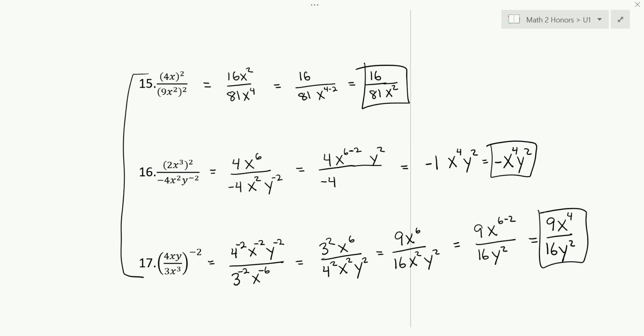Careful. Yeah, the 2. You have to square the 4 and 3. Got an x up here, x on there. You can work with this.